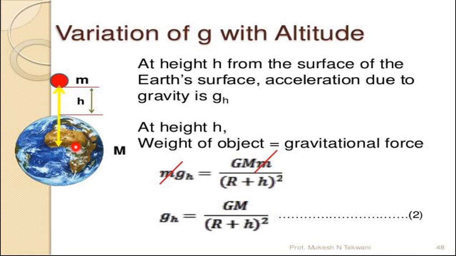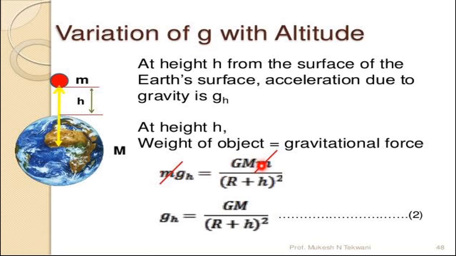So d square or r square will be written as r plus h whole square, where r is the radius of the earth plus h is the height of the object from the surface of the earth.